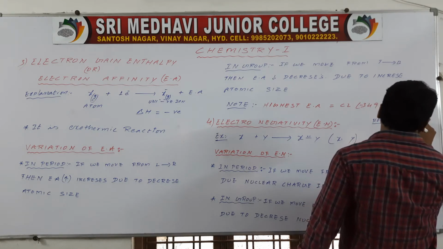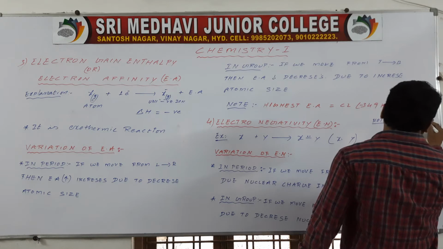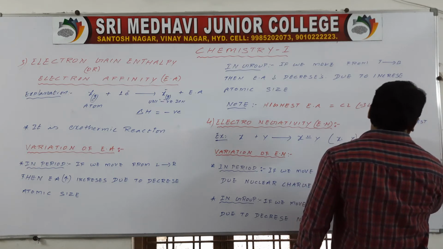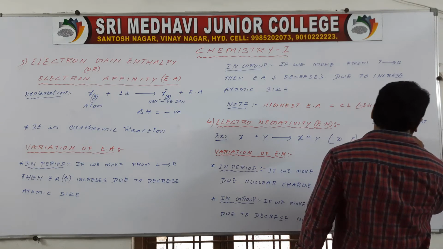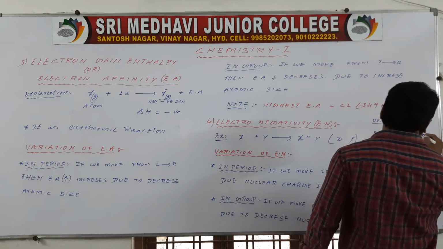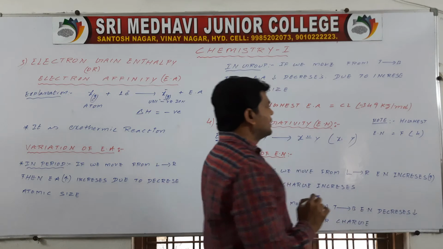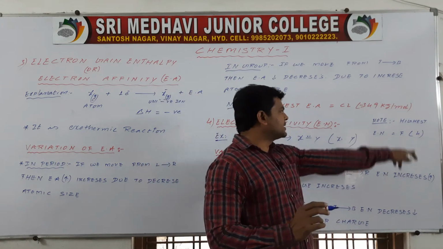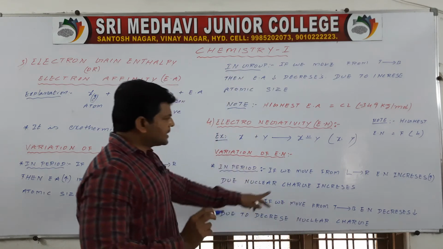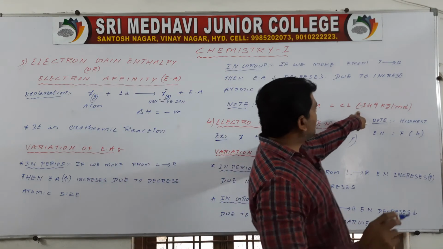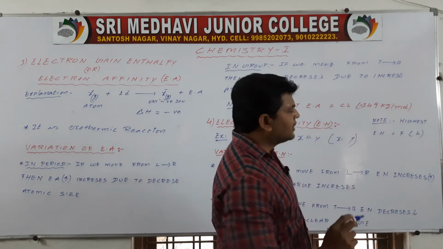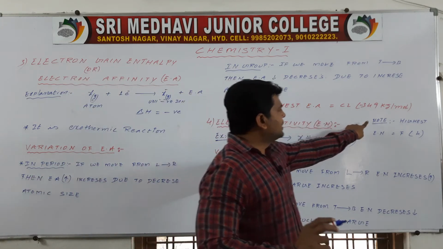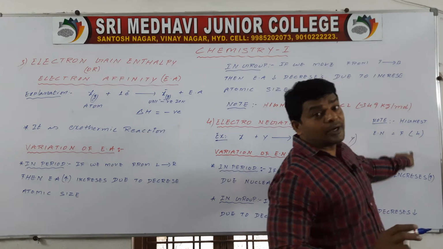Highest electronegativity in the periodic table is fluorine, that is 4. The highest electronegativity is fluorine. The highest electron affinity is chlorine, and the highest electronegativity is fluorine.